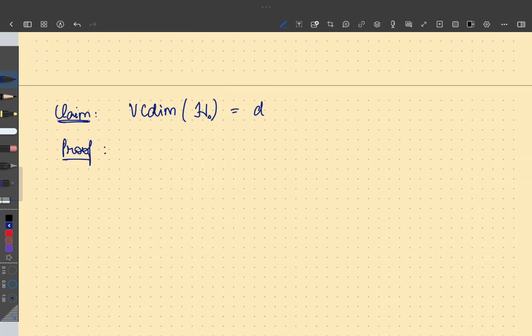All right. And for this we will essentially take the standard basis. So you take X1 through XD to be E1, E2, up to ED, where each Ei is the standard basis vector, which means that the ith component is equal to 1 and all of the other components are equal to 0.